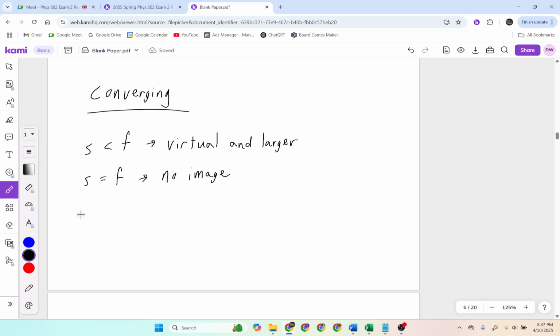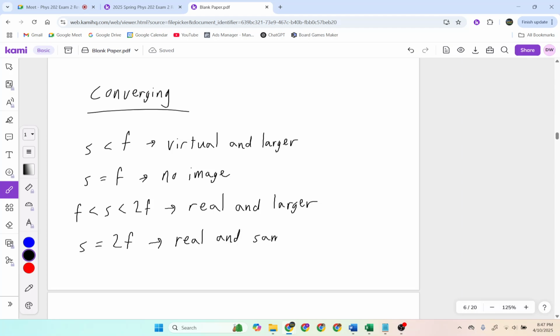Then we can have f less than s less than 2f. This is the real and larger case we said a minute ago. And again, 2f is basically coming out of nowhere. I don't know why, but it is. Then we have s equals 2f. This is real and same size.